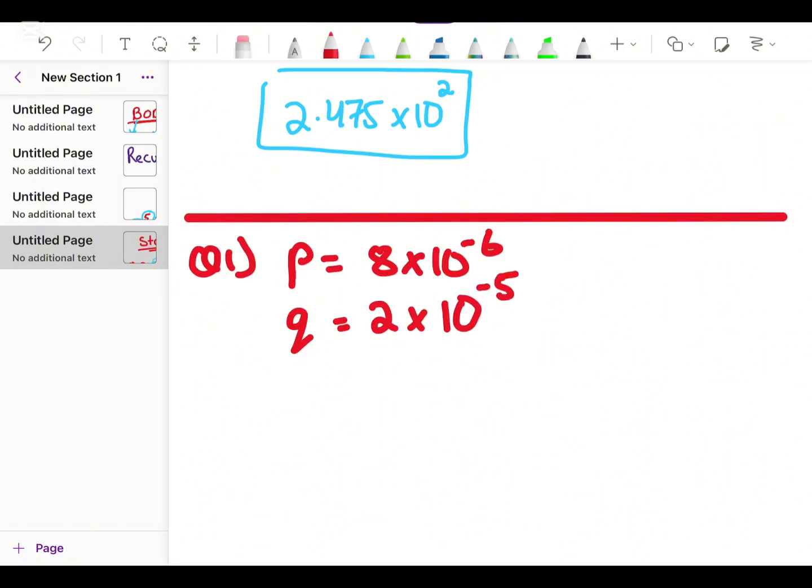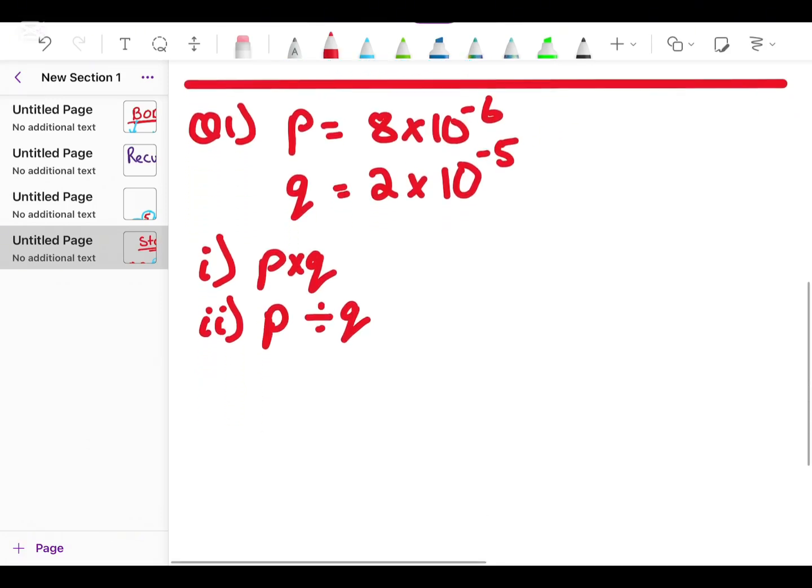Now the first part is we need to multiply these two numbers, and the next part is we need to divide them. Then we will do addition and subtraction as well. Now how to multiply them? It's very important that you know the rules of indices.